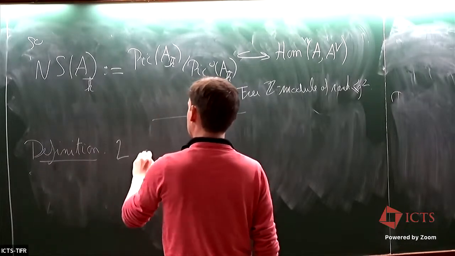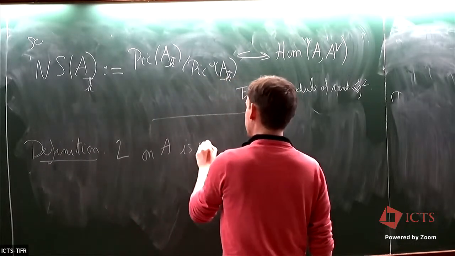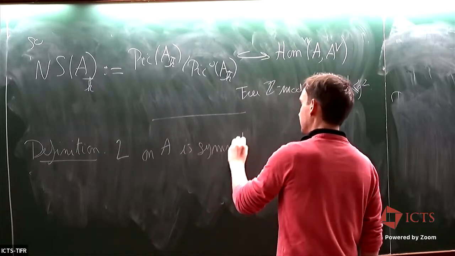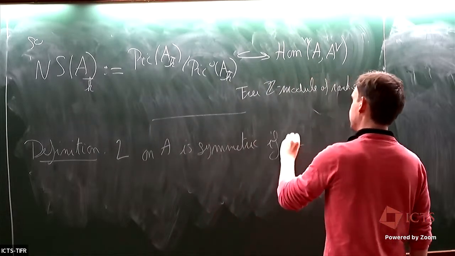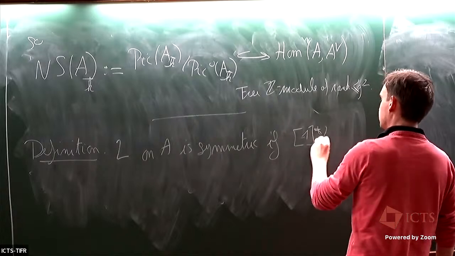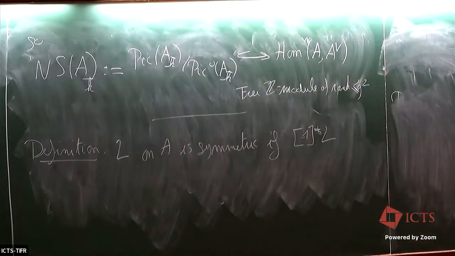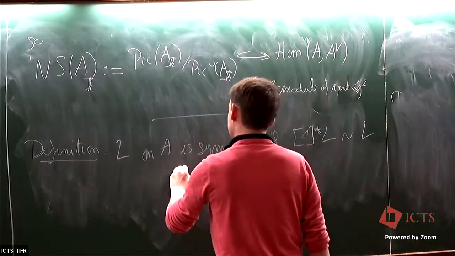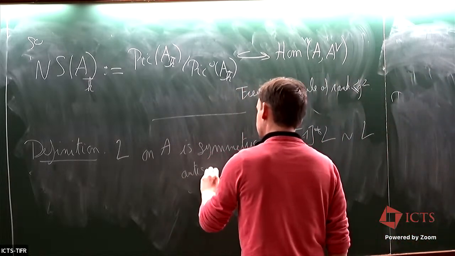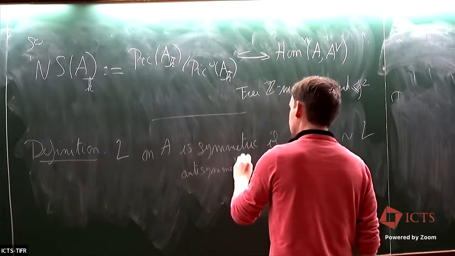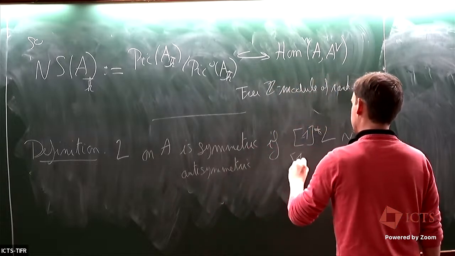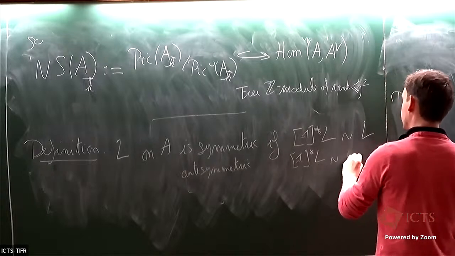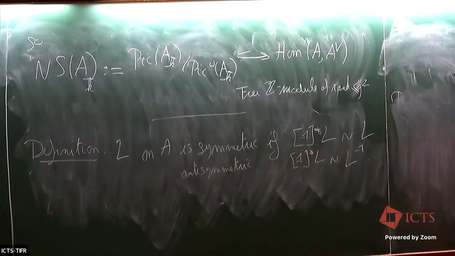L on A is symmetric if, when I look at (-1)^*L, it's isomorphic to L, and anti-symmetric if (-1)^*L is isomorphic to L^{-1}. Well, it makes sense as a definition here.